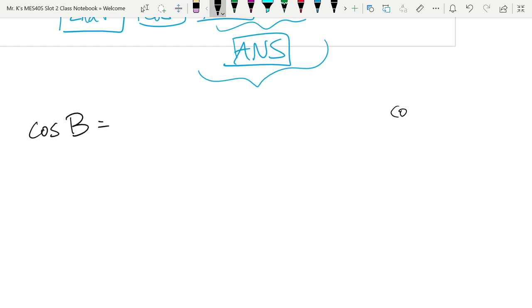Oops. Bad monkey. Let's try that again. 18 squared plus 30 squared minus 22 squared. Close bracket, divide, open brackets. 2 times 18 times 30. Close my bracket and hit equals.